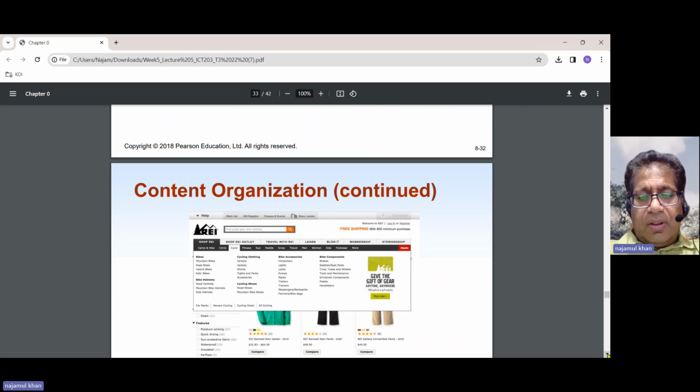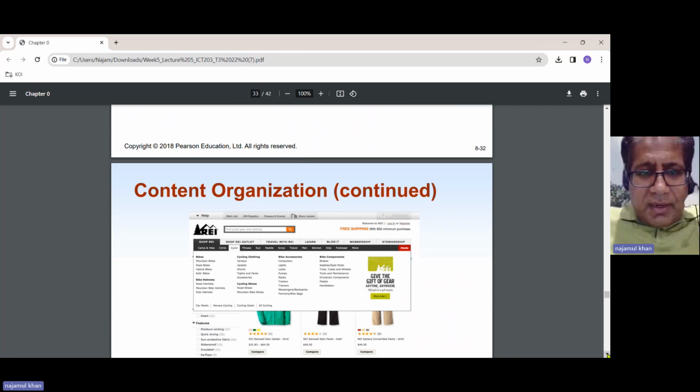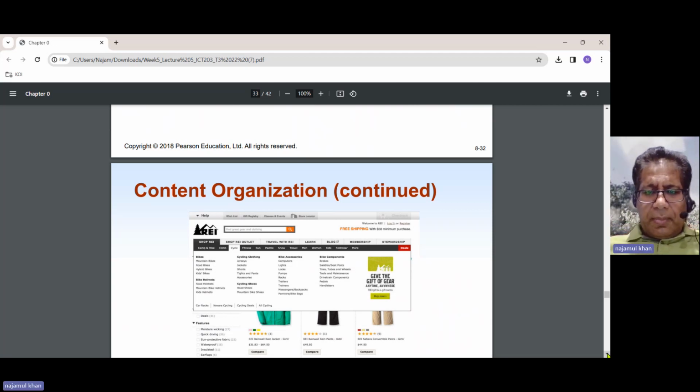So that's a parent-child relationship. It's really good as well. Well, I'm not sure which type of organization you're going to choose for your assignment number 5, but it can be interesting to see how information is organized on websites.